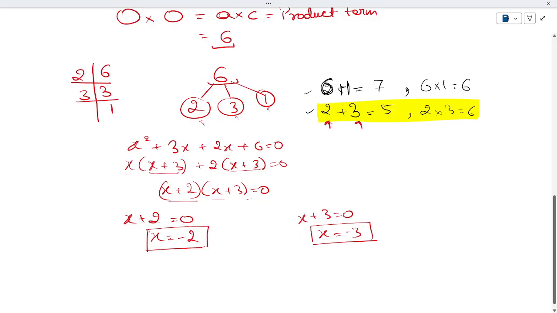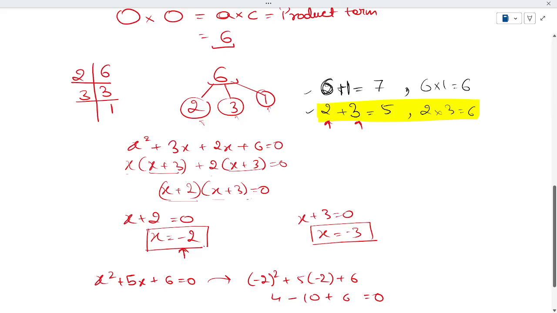So if you put this value of x in your equation, x square plus 5x plus 6 equals to 0, and put minus 2 in the place of x, you get plus 4 minus 10 plus 6, which is 0 here, right?